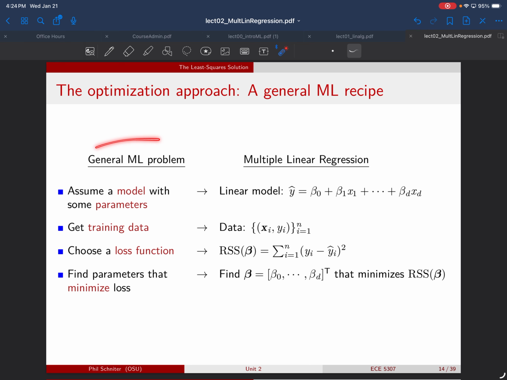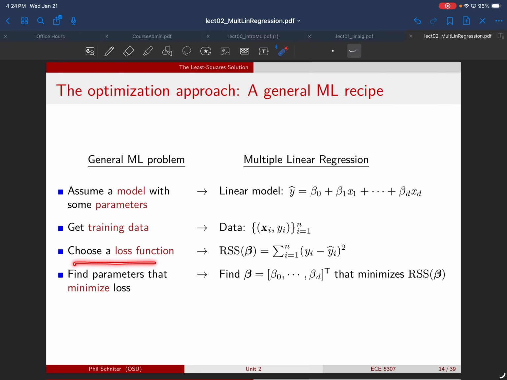So to solve a general machine learning problem, you assume some model with some tunable parameters. In our case right now, we're doing this linear model, the parameters being these betas. Then you get some training data. In our case, we assume we have training data, which is pairs of vectors x_i and scalars y_i, and we have n of such pairs.